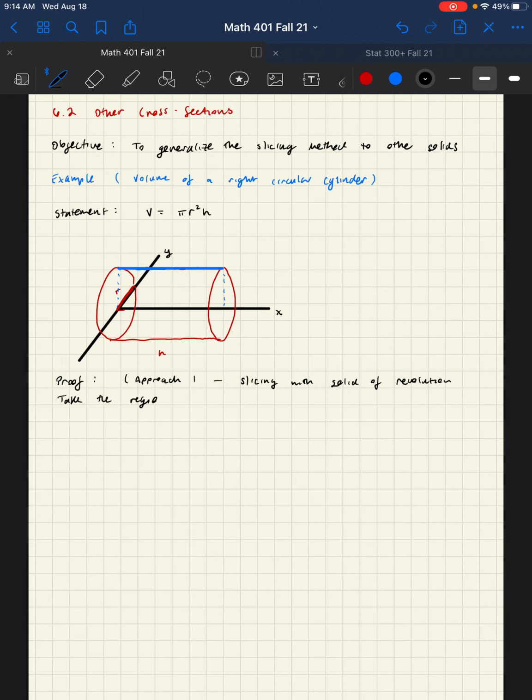So take the region bounded by, in this case, this function, which is flat, it's just r. So we're going to take y equals r, the x-axis, so y equals 0, x equals 0, and x equals h. And we're rotating that about the x-axis.